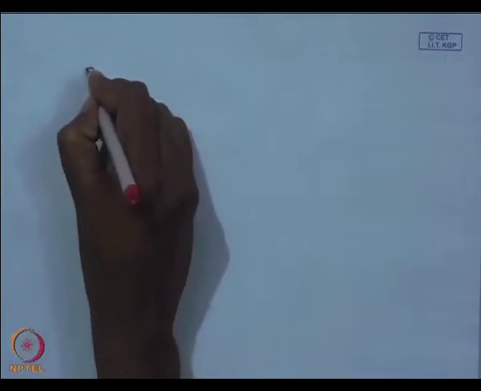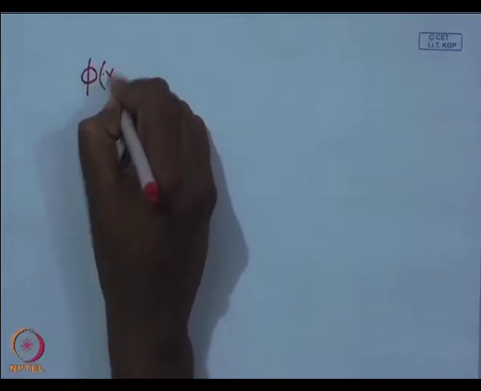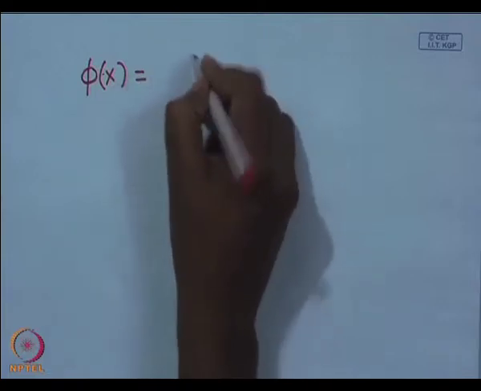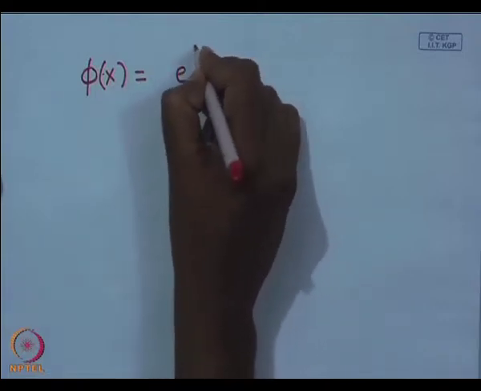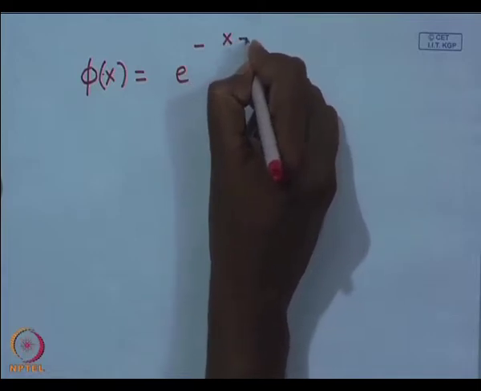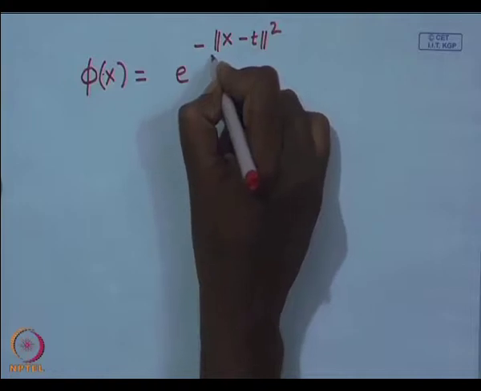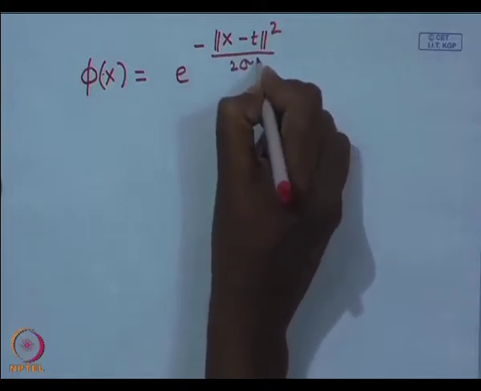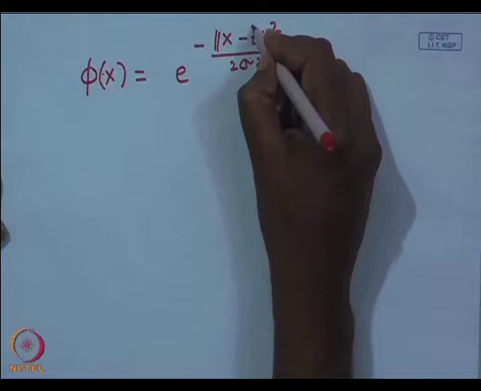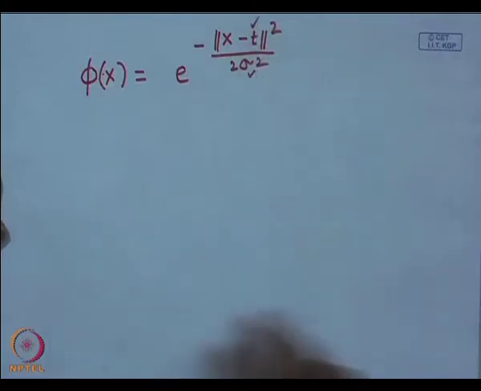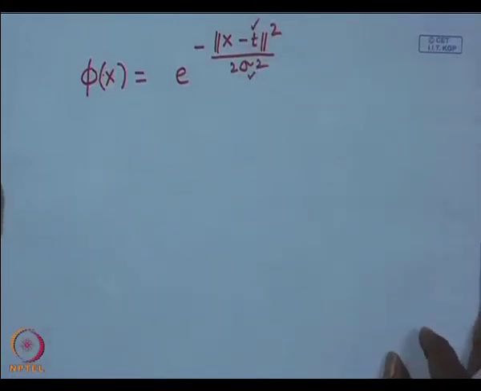So, if the radial basis function is a Gaussian function, that is, if it is something like this, say phi of x is equal to e to the power minus the square of (x minus t) upon 2 sigma square, where t is the receptor and sigma, which is the variance, decides what is the spread of the radial basis function.